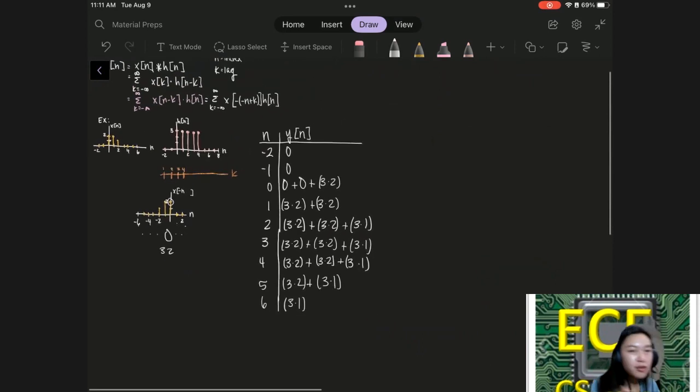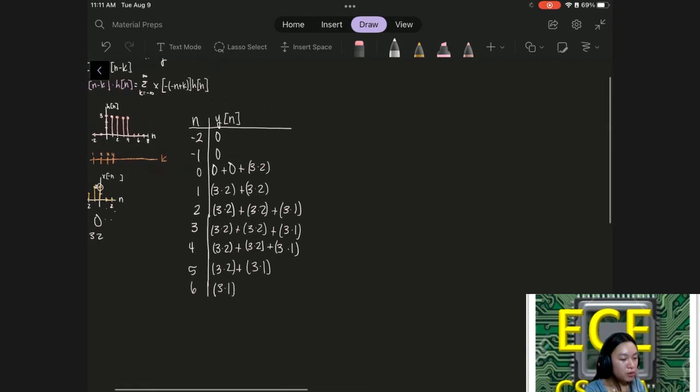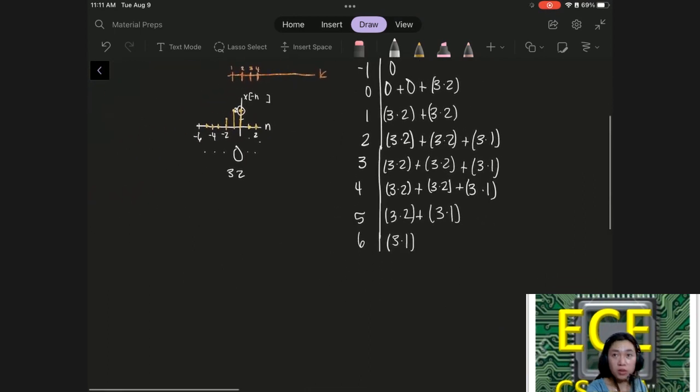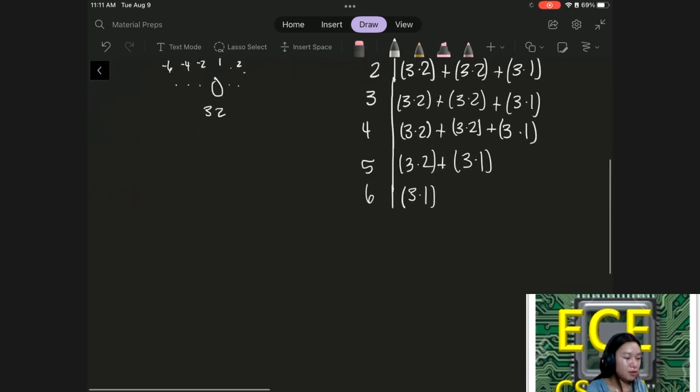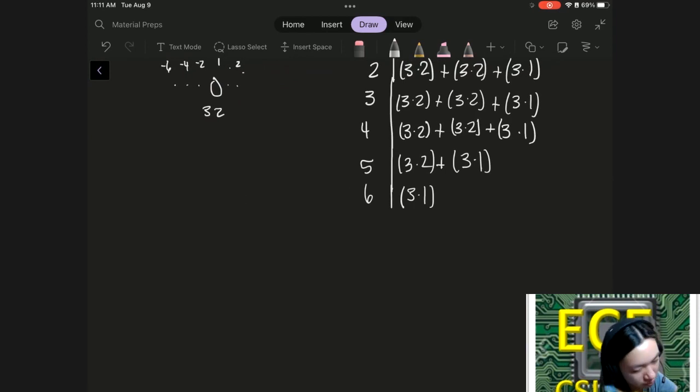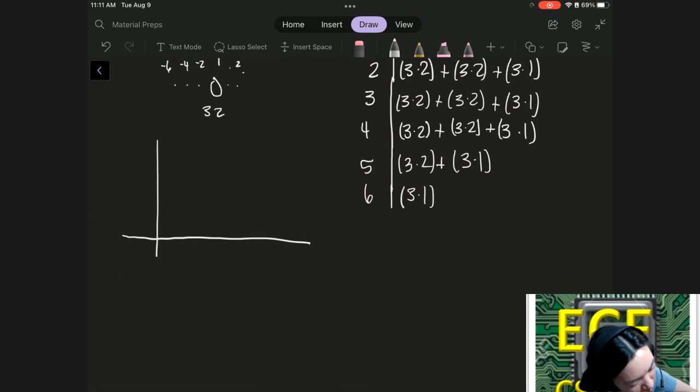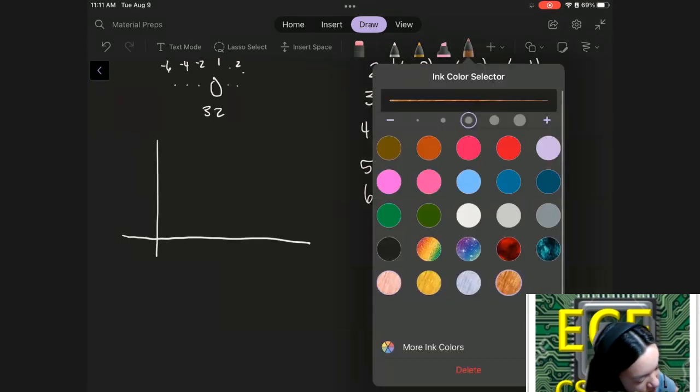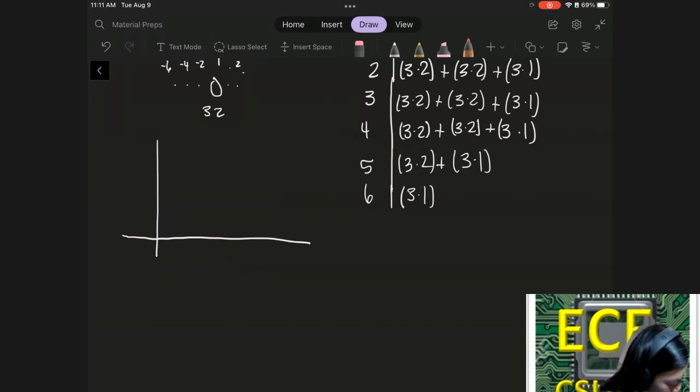So, I'm not going to do it for every point, but you can do this on your own and double check with my work. But what ends up happening is that your y of n will look like this. Let me change one of these colors to bronze. 3, 6, 9, 12, 15.